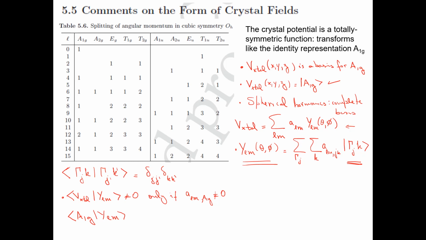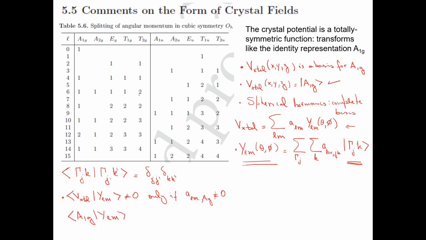But in any case, just by looking at this table, you can see that for different values of L, these are the different decompositions of spherical harmonics into different irreducible representations of the OH group.